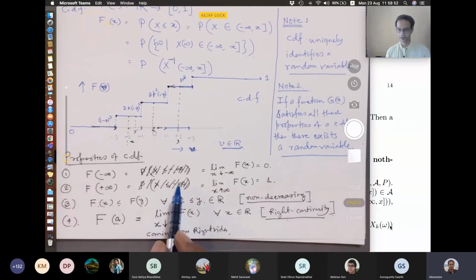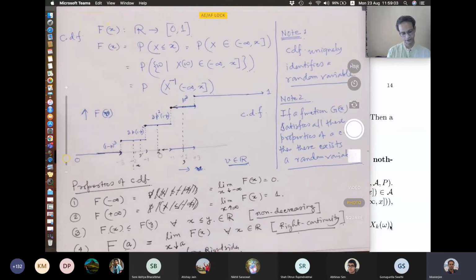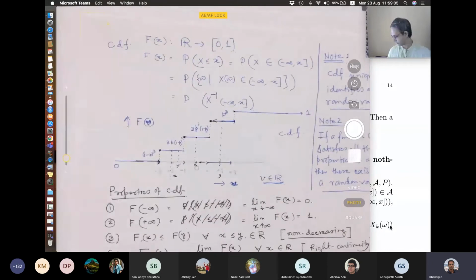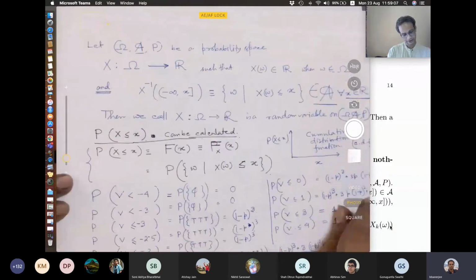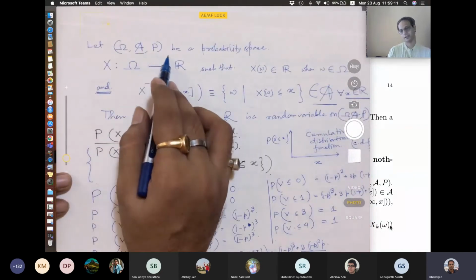So if you can find a function satisfying all these four properties, then there must be a random variable. And what do we mean by random variable? A function which satisfies all these conditions, as well as has a probability structure.